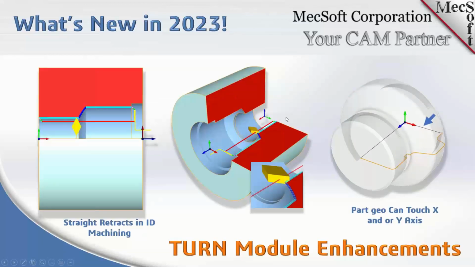So here it is right here in the turning module. If you look at the tool here, we're cutting an inside finishing operation. And if you look at the red, it's retracting all the way out to the clearance plane. And then also on the right, your part doesn't have to be touching the x-axis, and I'll show you that as well.